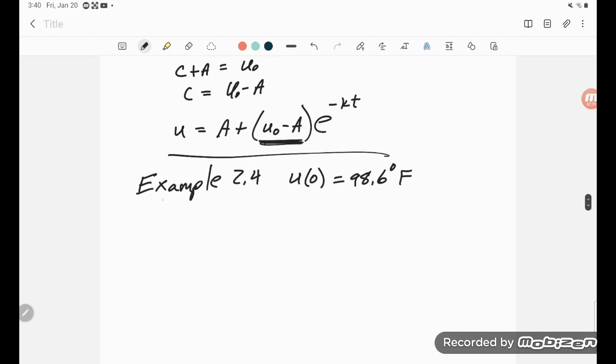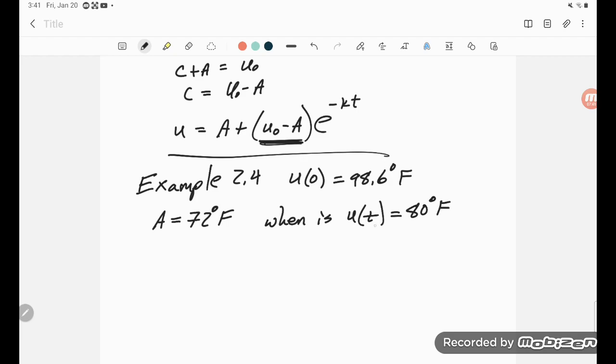Okay, but it's in an environment where the ambient temperature is 72 degrees Fahrenheit, and so what they would like to know is when is u of t equal to 80 degrees Fahrenheit.